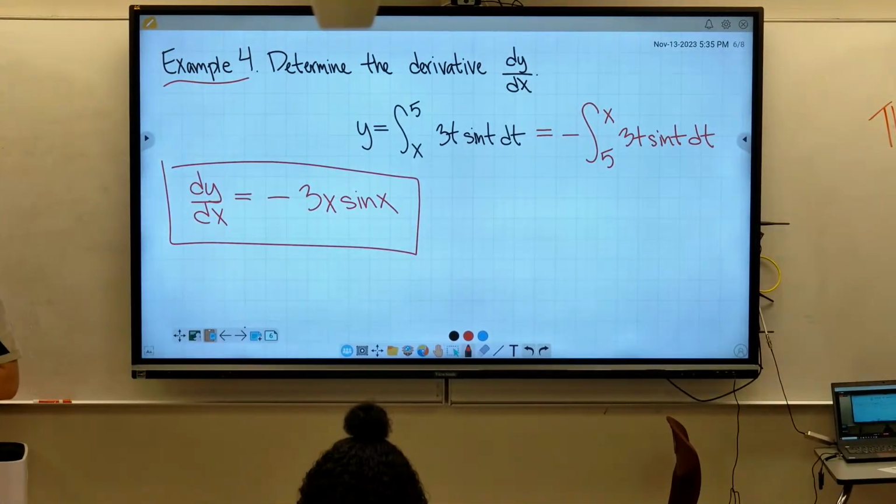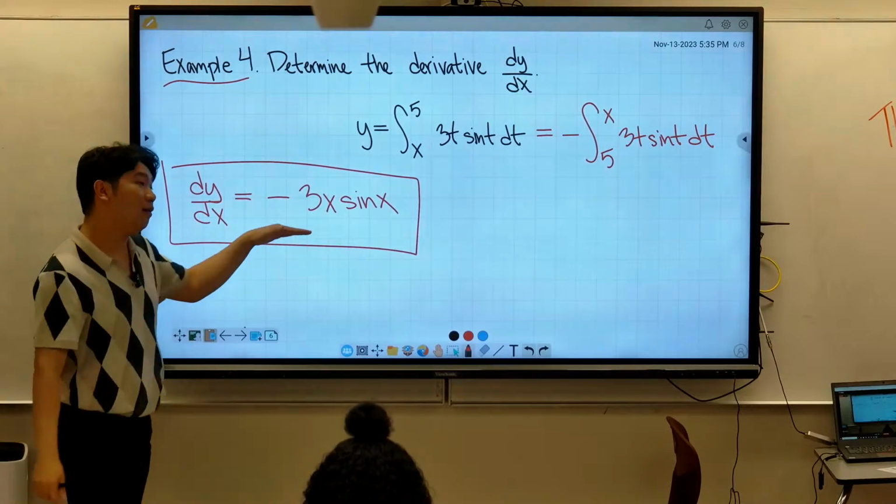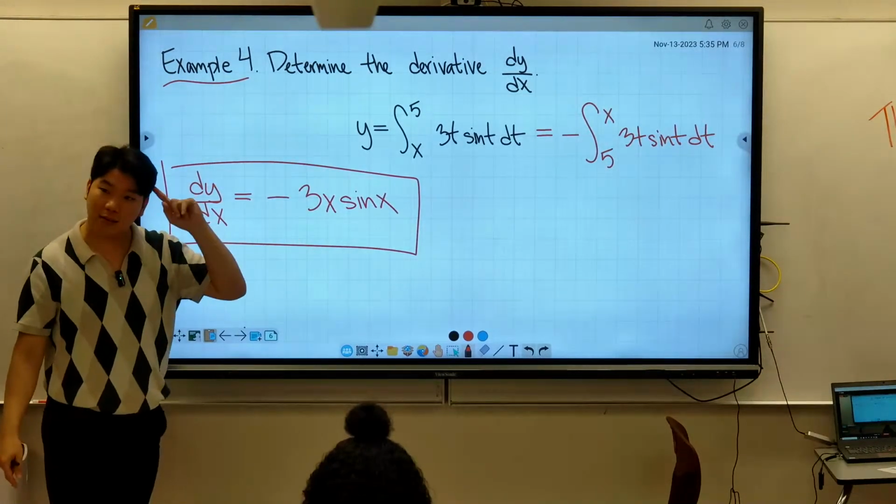We're done. In other words, I swapped the bounds to make sure it matched my fundamental theorem, which says I had to have a number to x. After I do that, since I'm taking the derivative, the theorem tells me it looks like I'm just plugging in x.